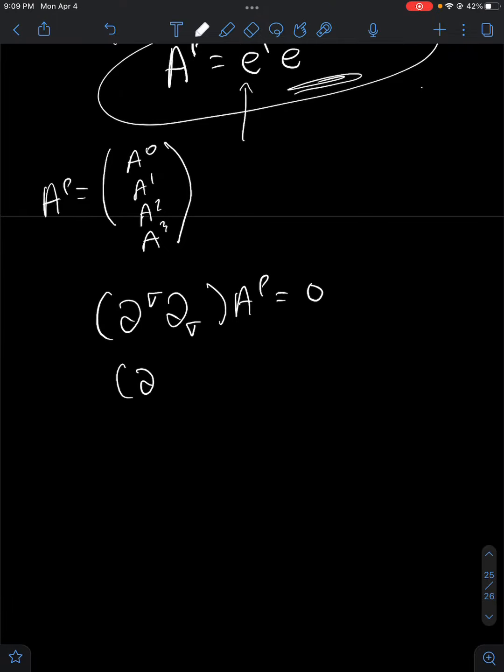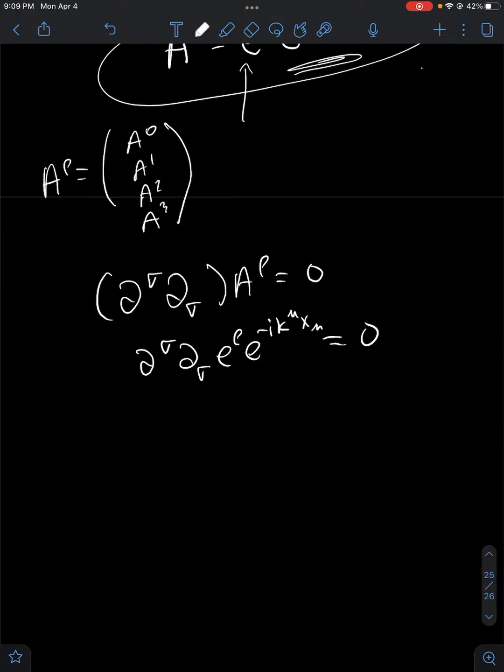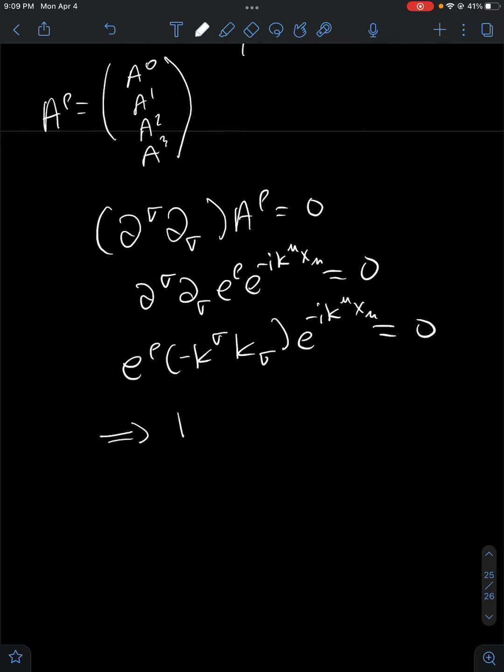So we have this, which equals 0. We can then just distribute our term and take the second derivative. That's just going to be equal to minus k sigma k sigma. So this implies that k sigma k sigma equals 0.